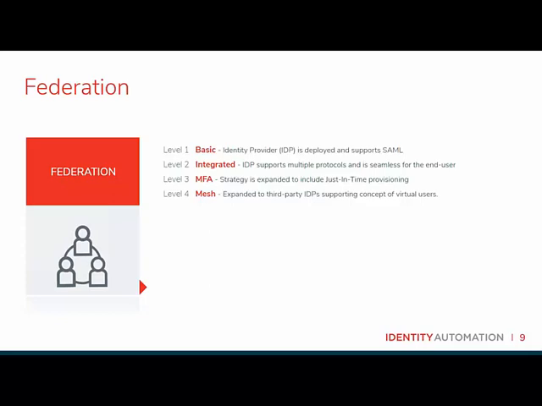And we refer to that information as assertions, so that the service provider application can dynamically create the user account if it doesn't already exist. Now, of course, there's a lot more to that, but that's the gist of it.